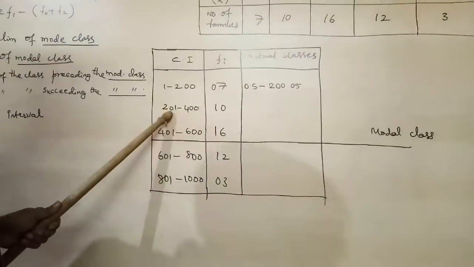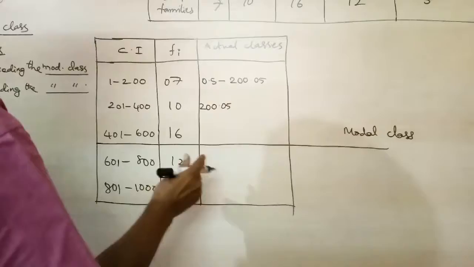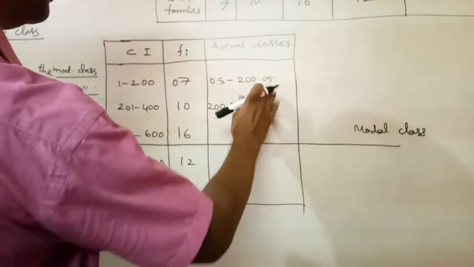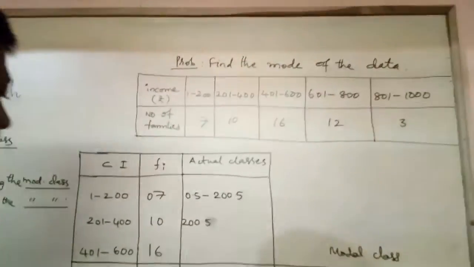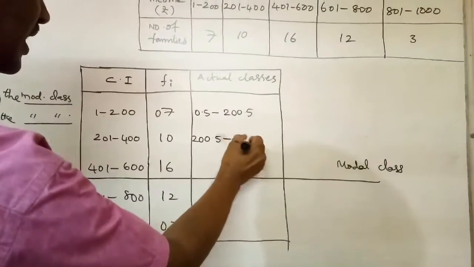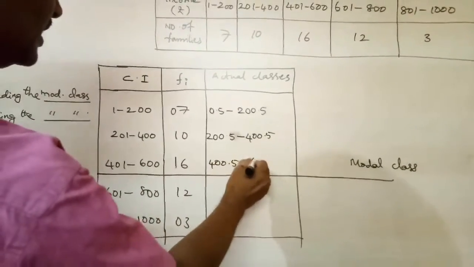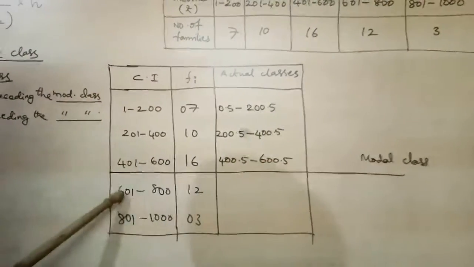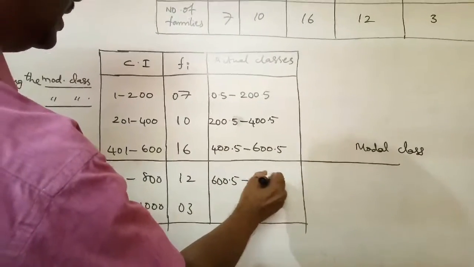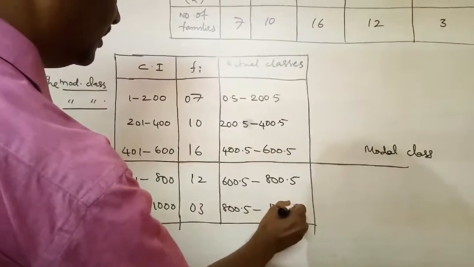Now subtract 0.5 from this and add 0.5 to this: 200.5 to 400.5, which becomes 400.5 to 600.5, then 600.5 to 800.5, then 800.5 to 1000.5.